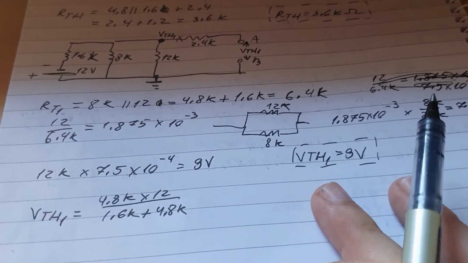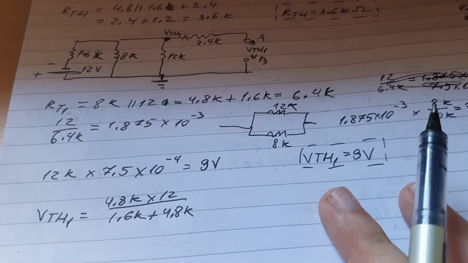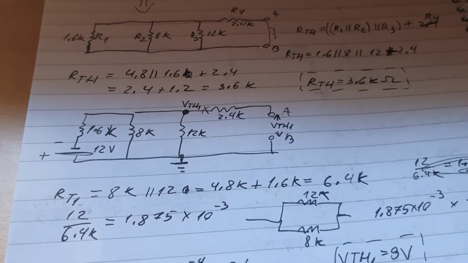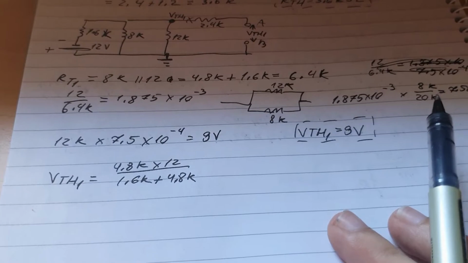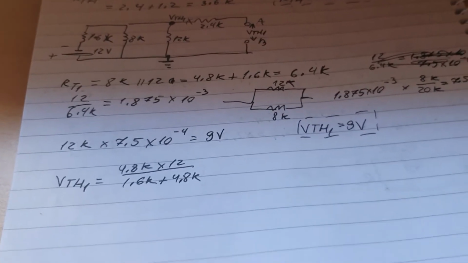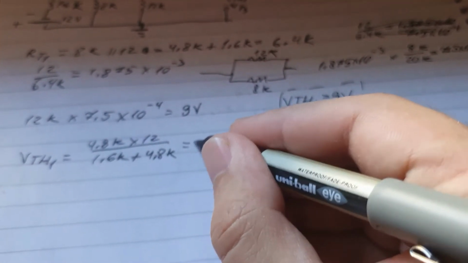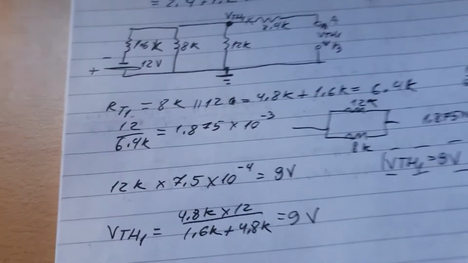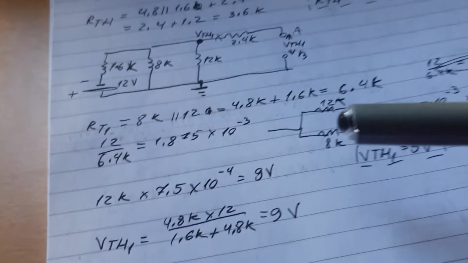That will give us the current, and then by dividing it by the sum of these two, it will give us the total resistance, and of course that will be equal to 9 volts. Again, these are two different methods to calculate them.